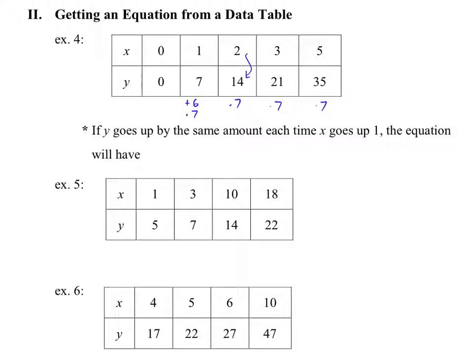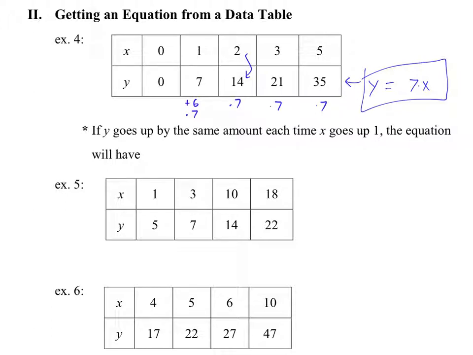So what we want to say is okay, I can get this bottom row, which is y, by taking my x value and multiplying it by 7. So y equals 7x or y equals 7 times x. Good? So there's our equation for the first one. Now, some of these down below, between my 5, 6, and 7, maybe not all of them are going to be a little bit more complex.